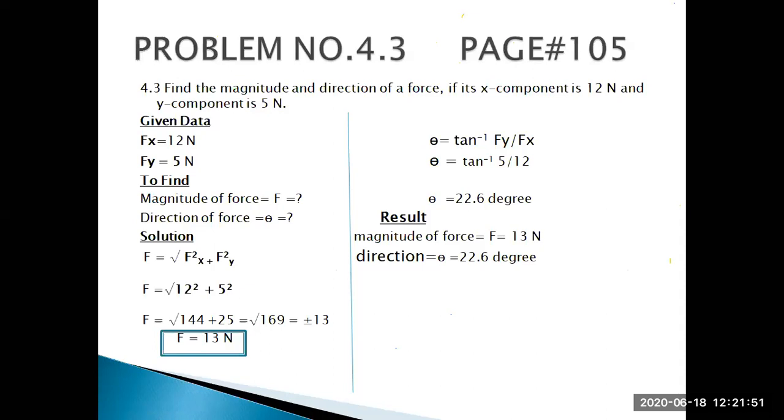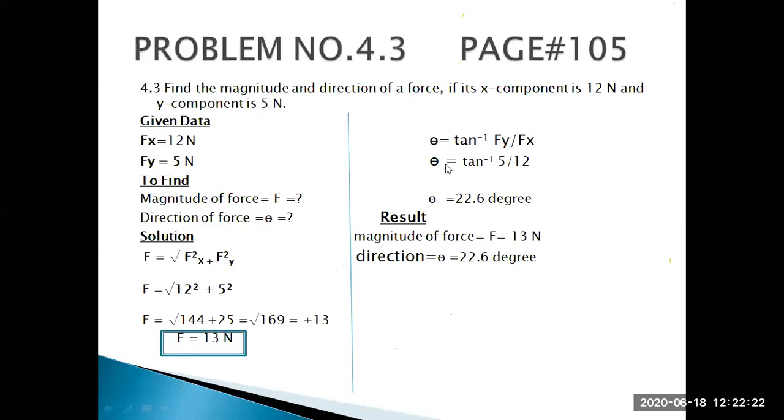If you open the 9th class book to page 90, you will find equation 4.6: theta is equal to tangent inverse of Fy over Fx.